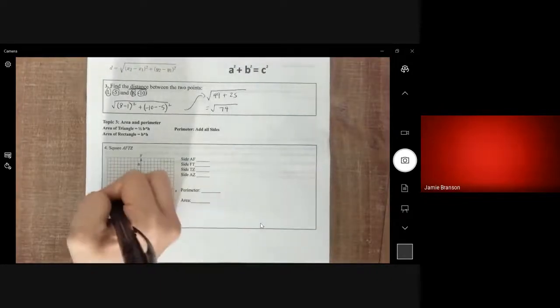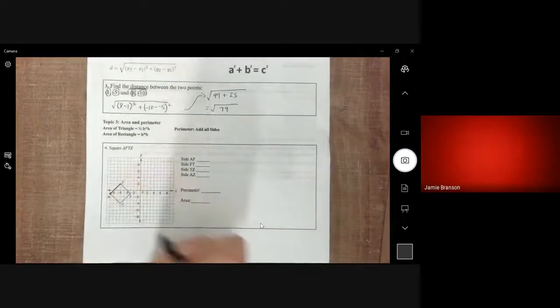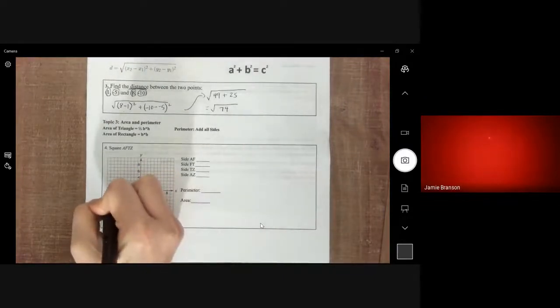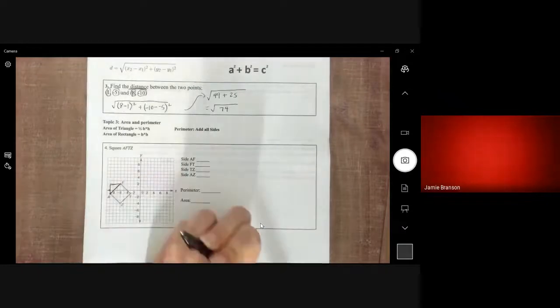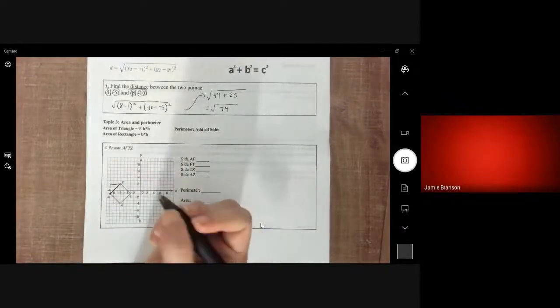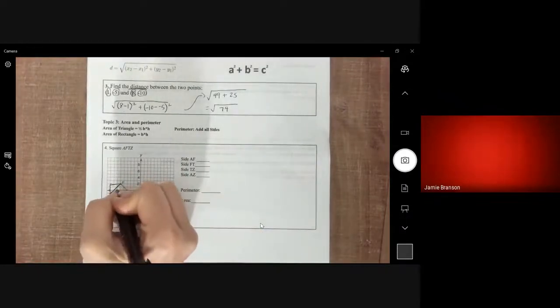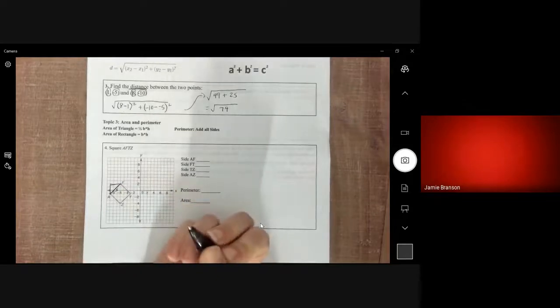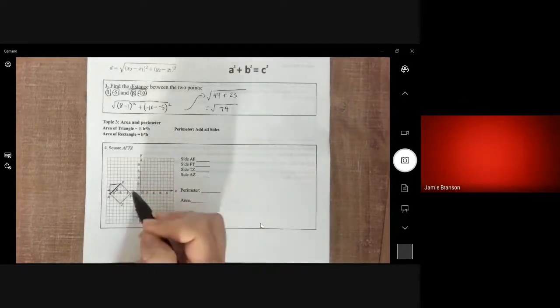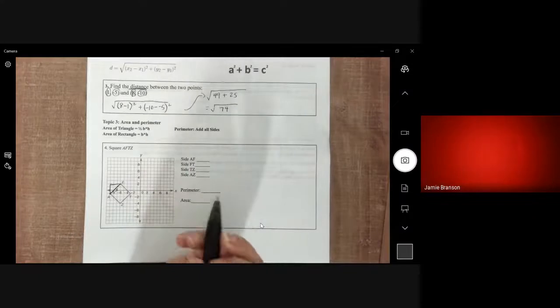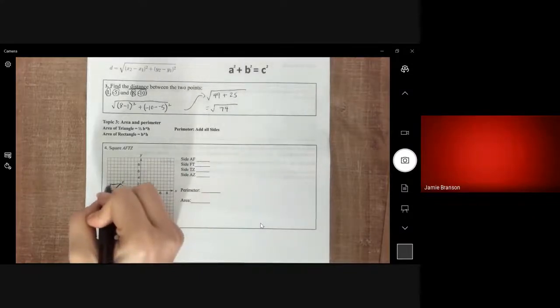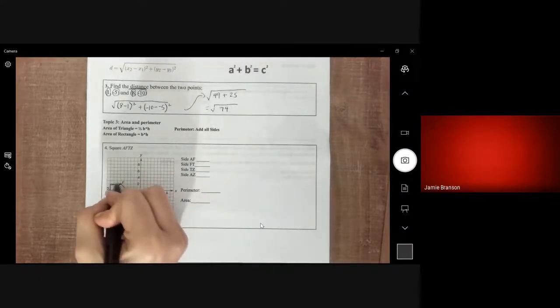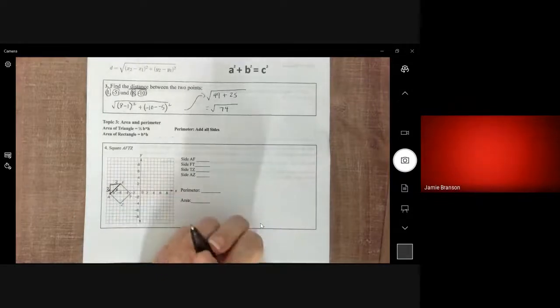You can use distance formula, but it's going to be a lot easier if you just make yourself a little right triangle. And then you can use Pythagorean theorem to solve for your hypotenuse, which is going to be AF right there. Could have picked any side you wanted to start, but I just chose that one because it was first. Okay, so this side is 3. This side is also 3.